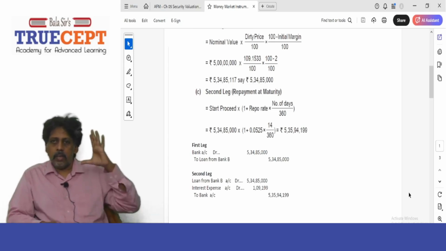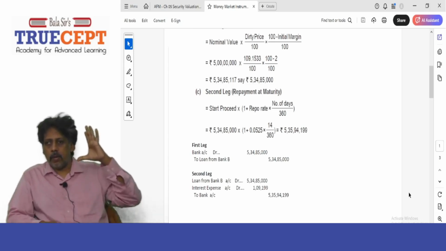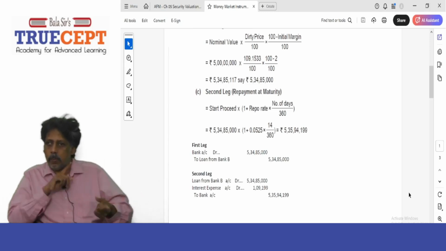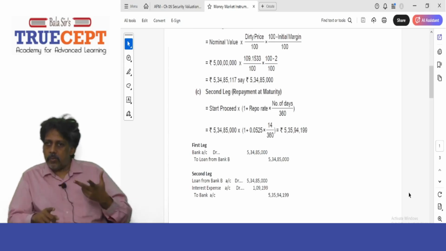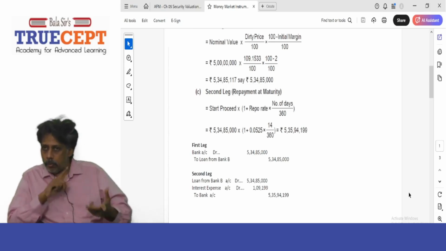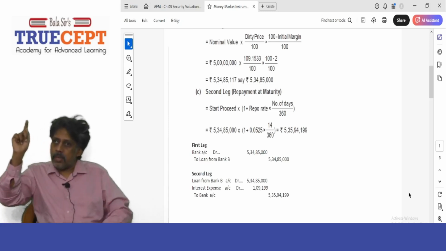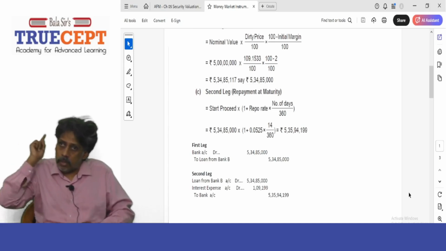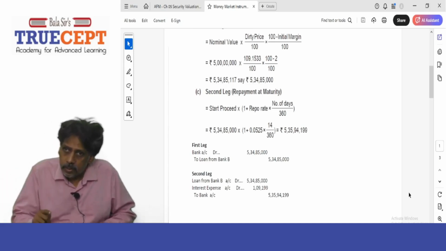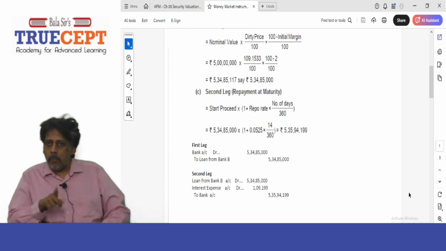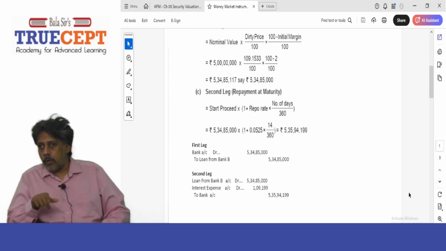It is 5 crore 34 lakh 85,000 into, in brackets, 1 plus 0.0525, but that's a per annum rate, into 14 by 360. The 360 is only for that 0.0525, guys. Don't apply it on 1. 1 is the principal. Yes, sir. Only 0.0525 into 14 by 360, close brackets.